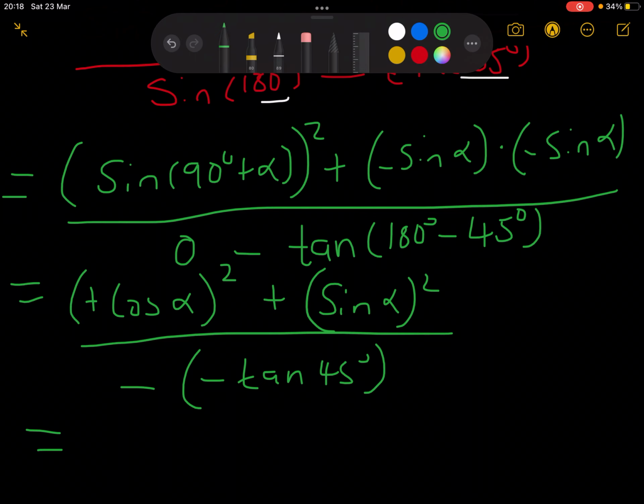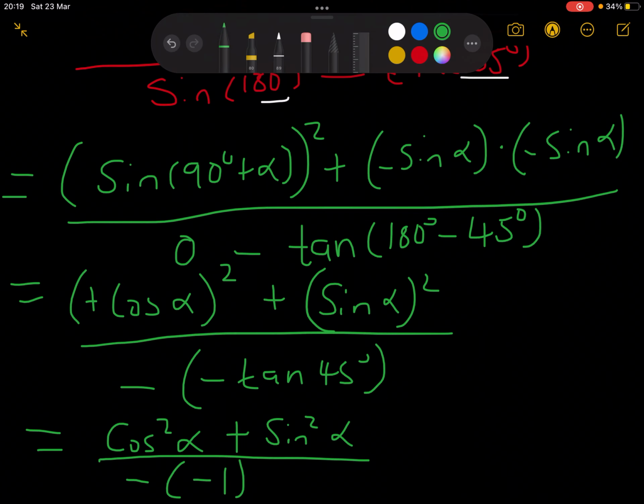Now, if we simplify this one, this becomes cos squared alpha plus sine squared alpha, all over minus. If you go to your special angles, you find that tan 45 is equal to 1. So this is negative 1.